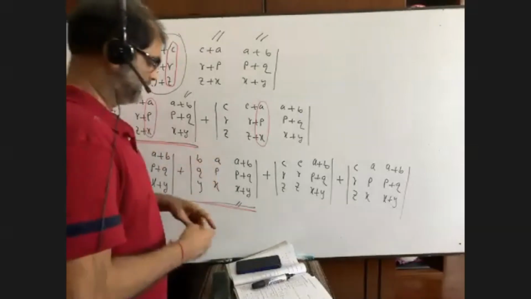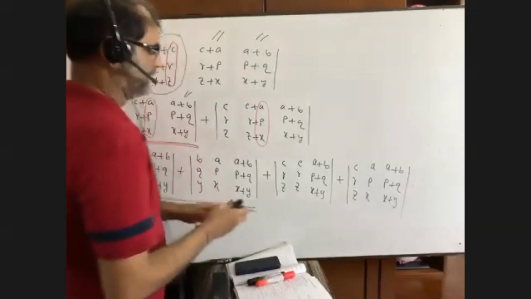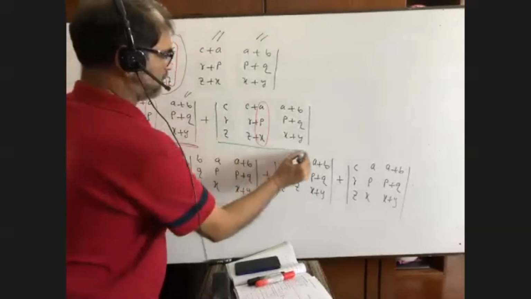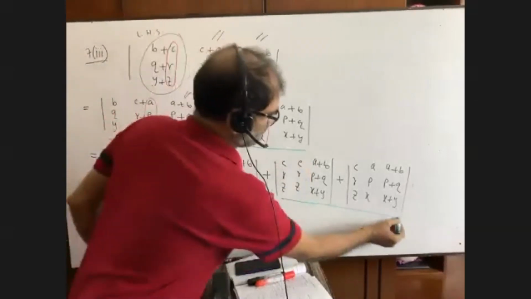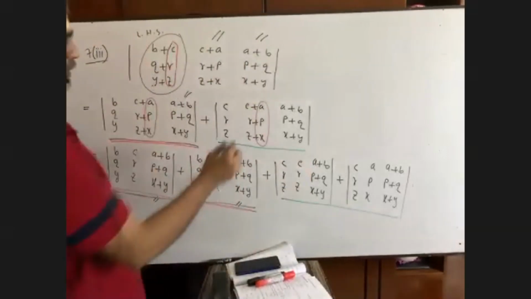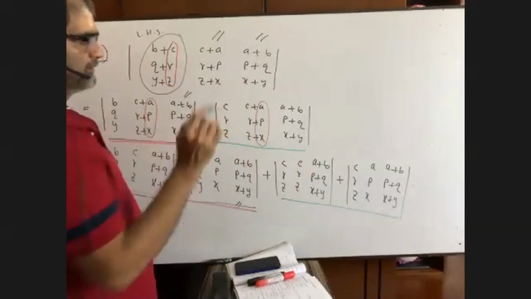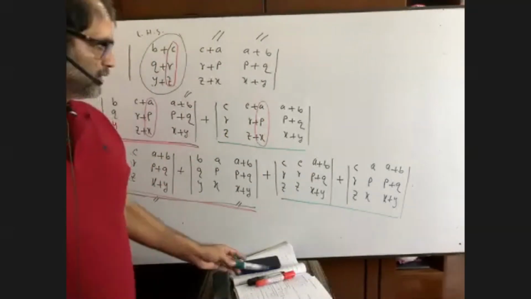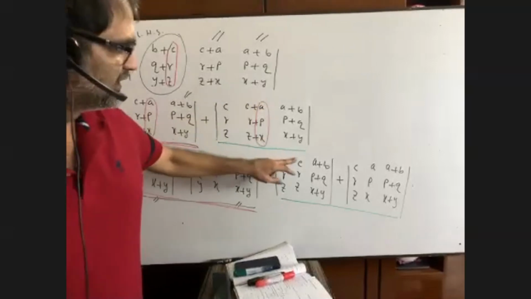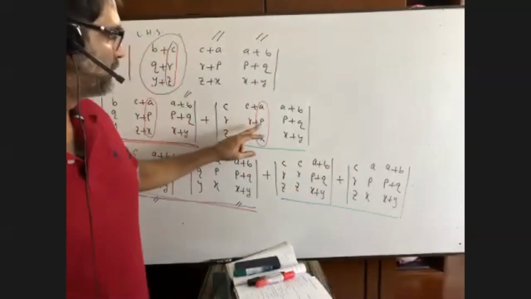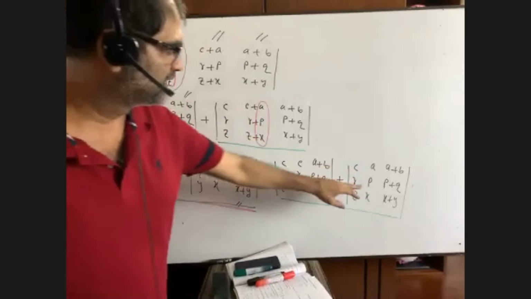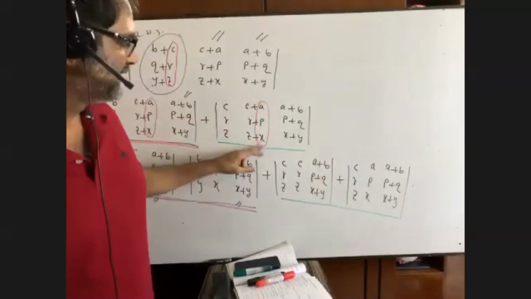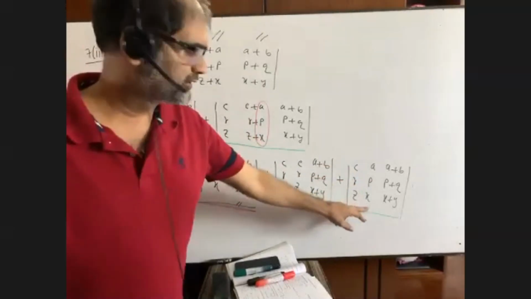And here, for this math, this part is equal to this part, where this part has been separated. Now let me know, you see C plus A, R plus P, Z plus X.